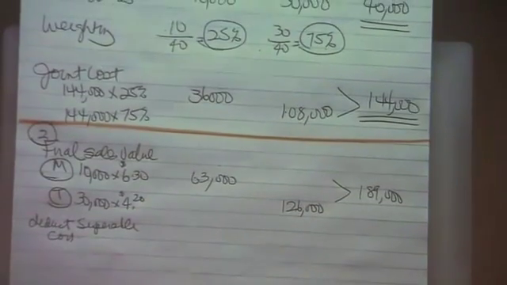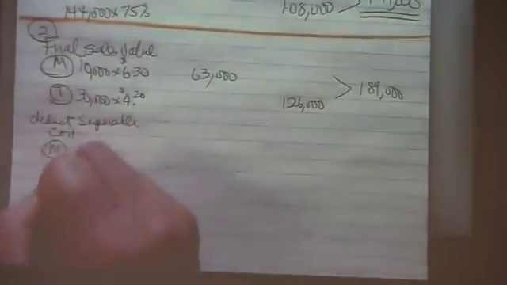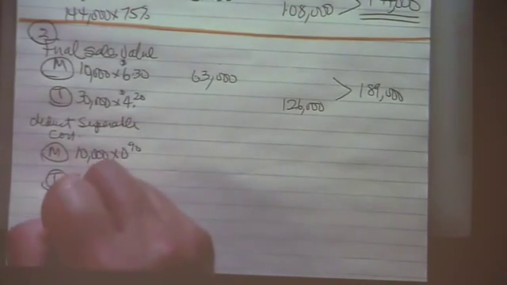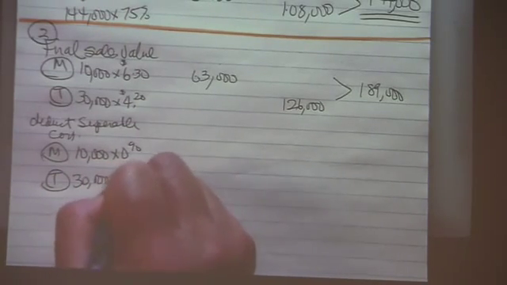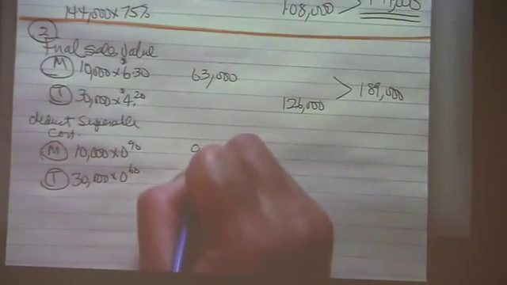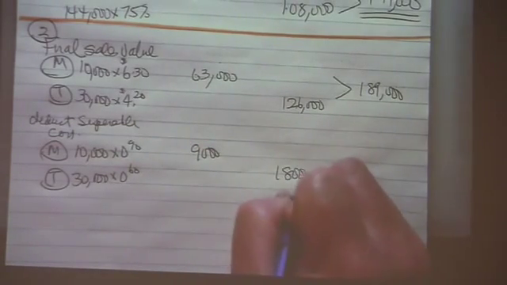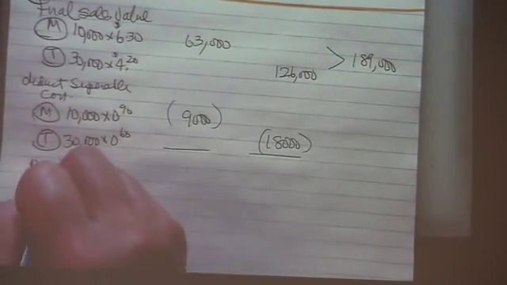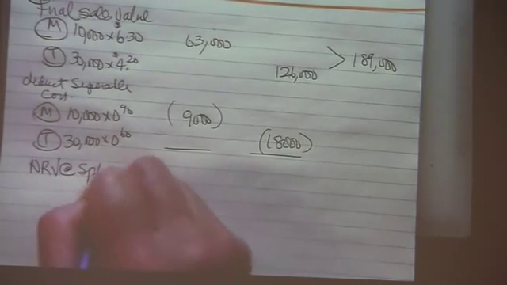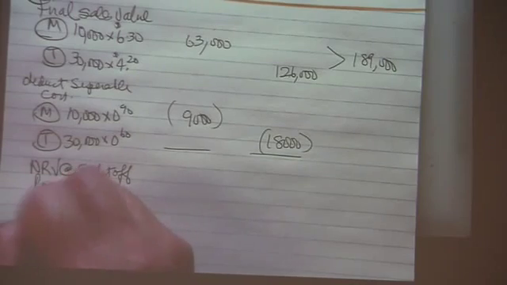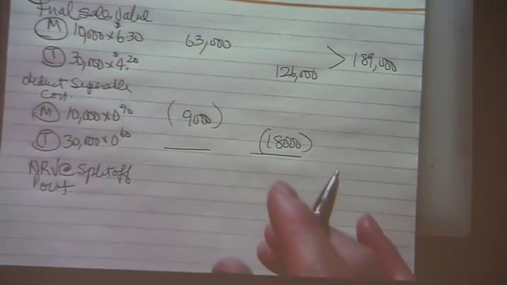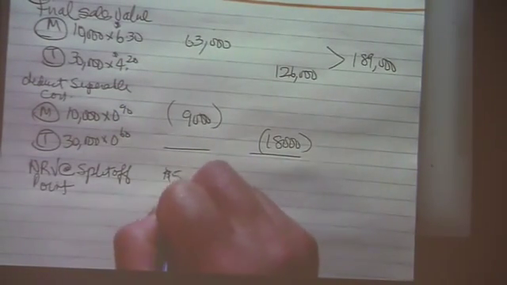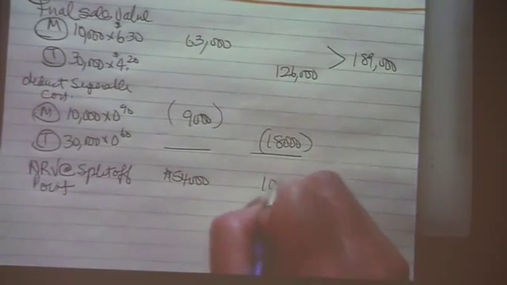Okay, so we're going to take a look at that, and again, M and T. So we know that 10,000 times 90 cents and 30,000 times 60 cents. So that's 9,000 and that's 18,000. We're going to subtract it to determine what is the net realizable value at the split-off point. And that is 54,108.